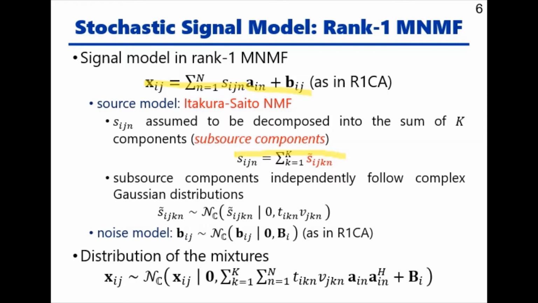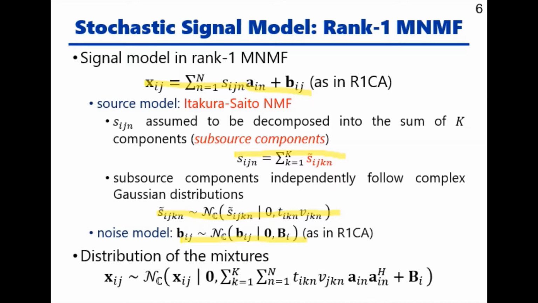We assume that the subsource components independently follow complex Gaussian distributions shown here. The noise is modeled by a complex Gaussian distribution shown here, as in R1CA.